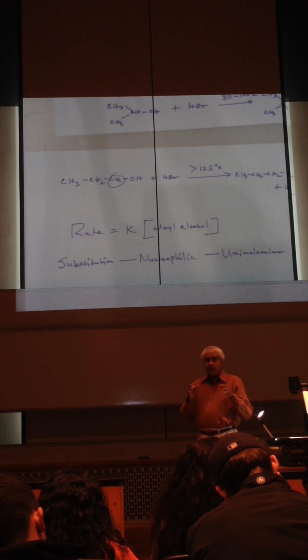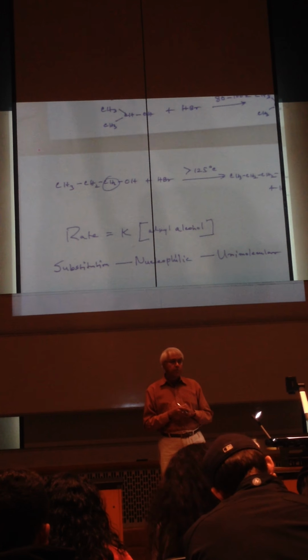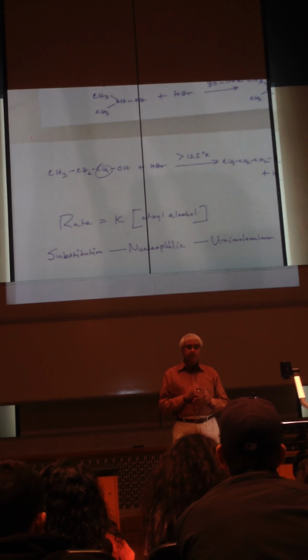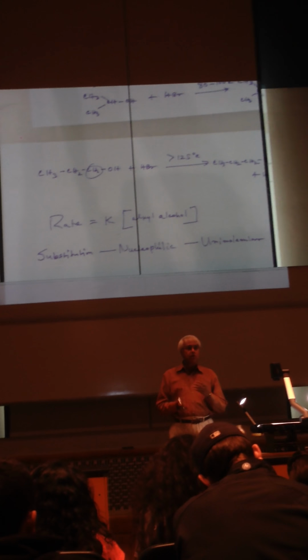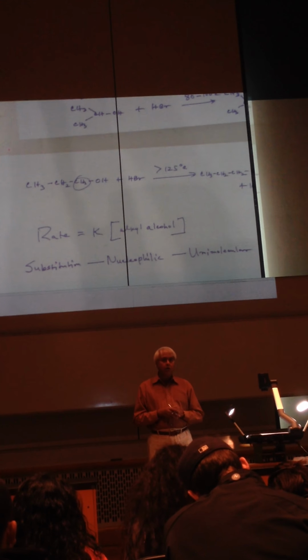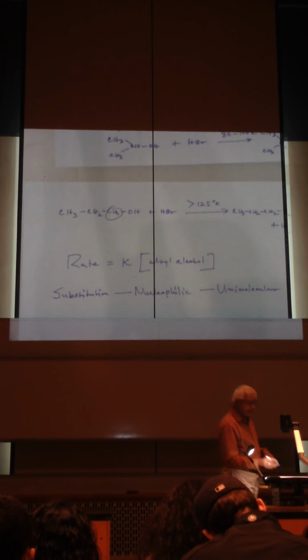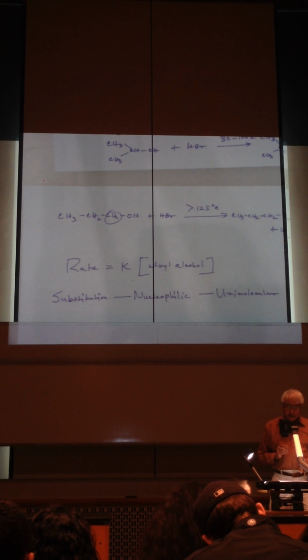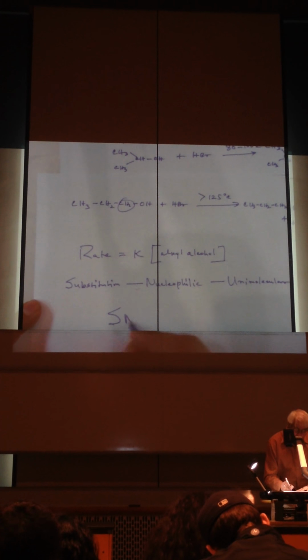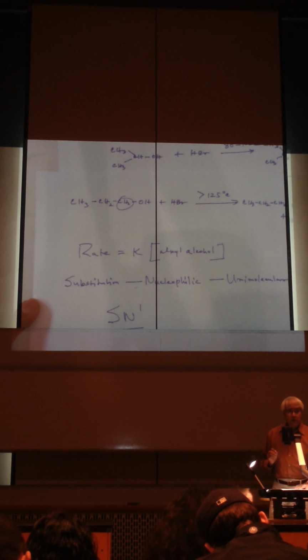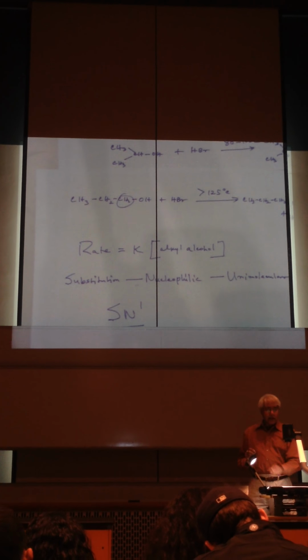By unimolecular, it indicates that the concentration of the alcohol is important, but the concentration of the acid is not important. You can switch the concentration of the acid higher or lower, and that's not going to influence the rate. But the concentration of the alcohol is critical. And that's why this is abbreviated to what we call SN1 reaction. SN1 stands for substitution nucleophilic unimolecular.